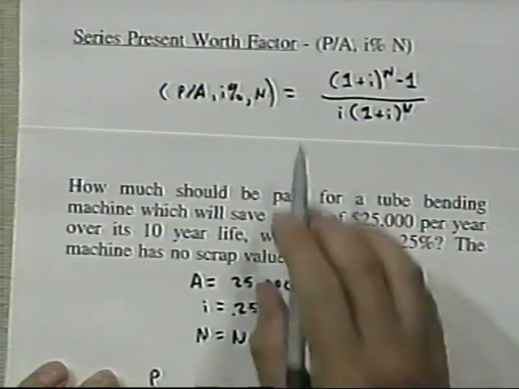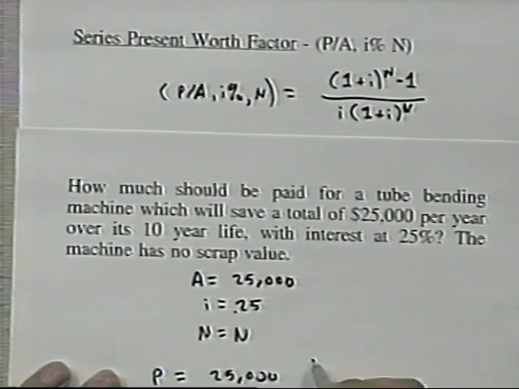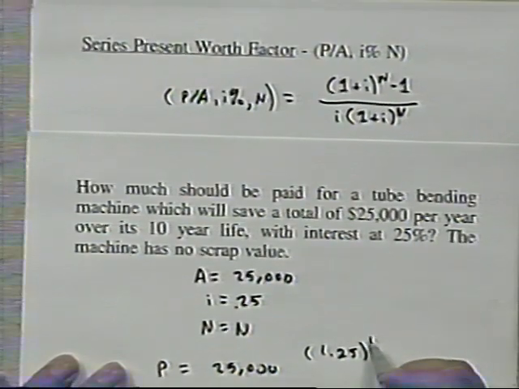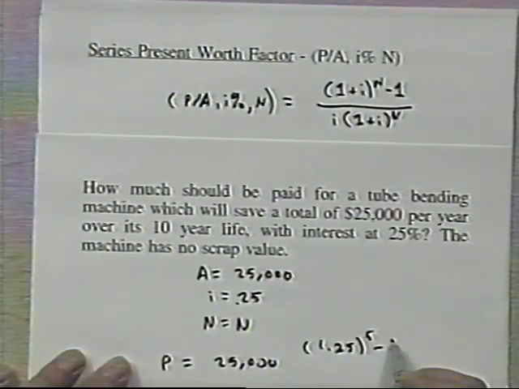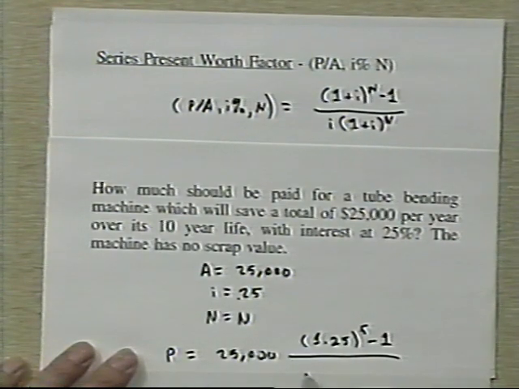So the present worth from the series present worth factor is going to be the 25,000 times 1.25 to the 10th minus 1 over 0.25 times 1.25 to the 10th.